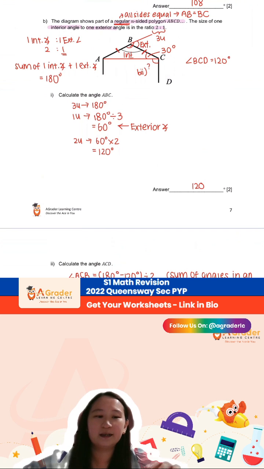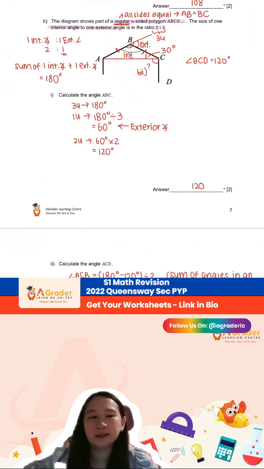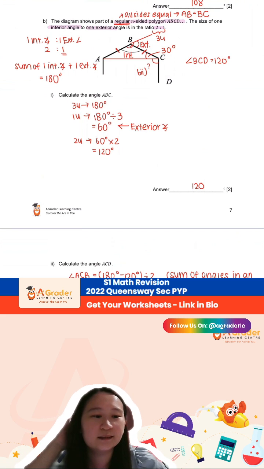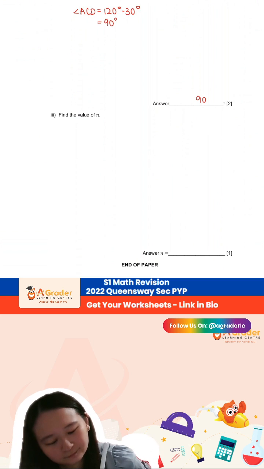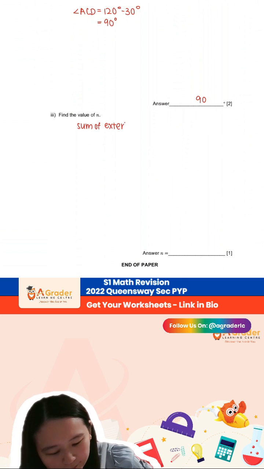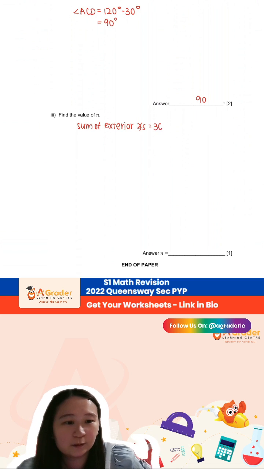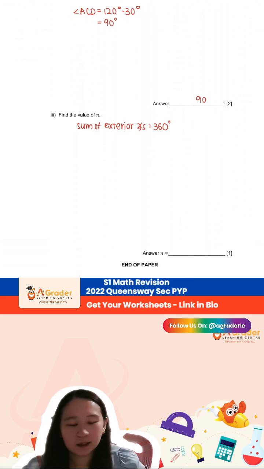Sum of exterior angles in any polygon is always how many degrees? Anyone? Sum of exterior angles is always equals to 360 degrees. So using this, we can find n.